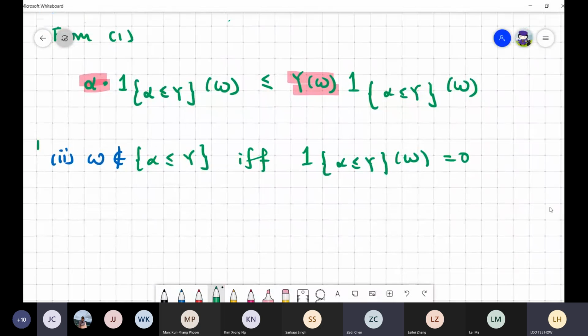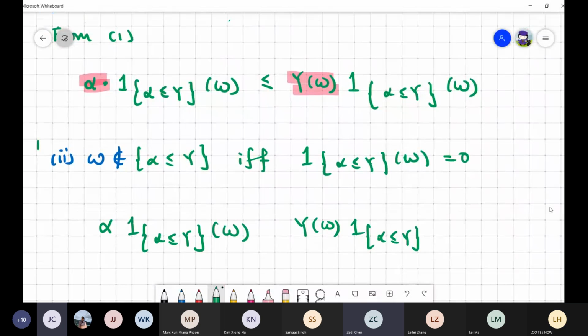Then we are actually getting alpha 1 of this omega, so this must be equal. The reason is this is 0, this is 0. So 0 equals 0.